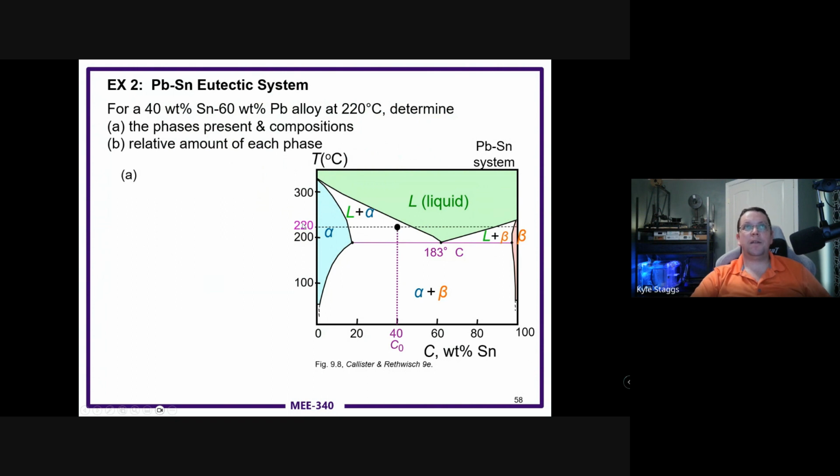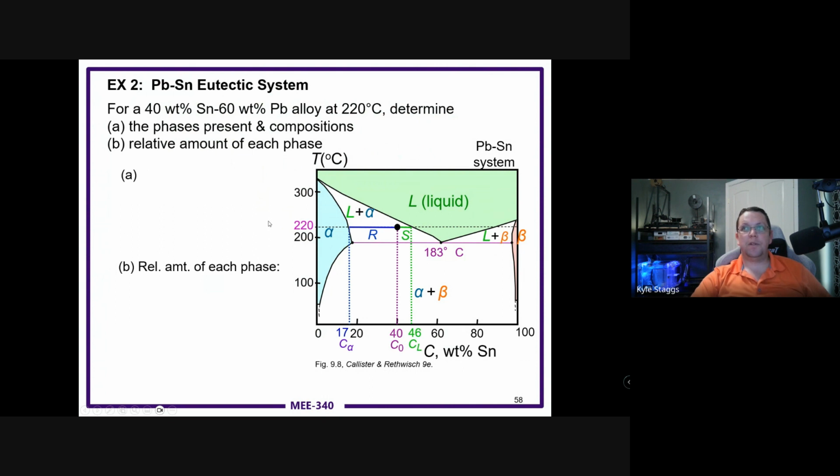So we draw a line at 220. We take a look at our R and S, and we can figure out what the phases are that are present. So here at 220, we're up into the liquid plus alpha region. So we're in this envelope. At 220, we have 46 for S and 17 weight percent.